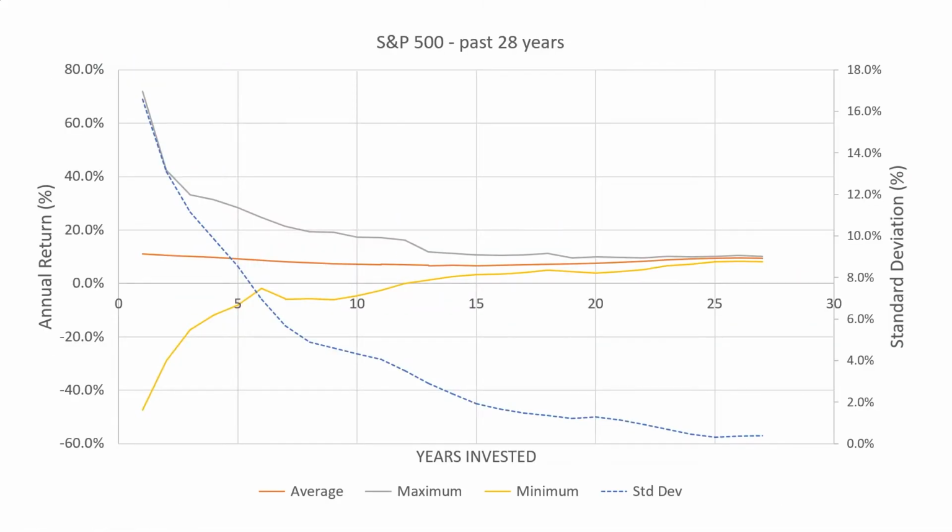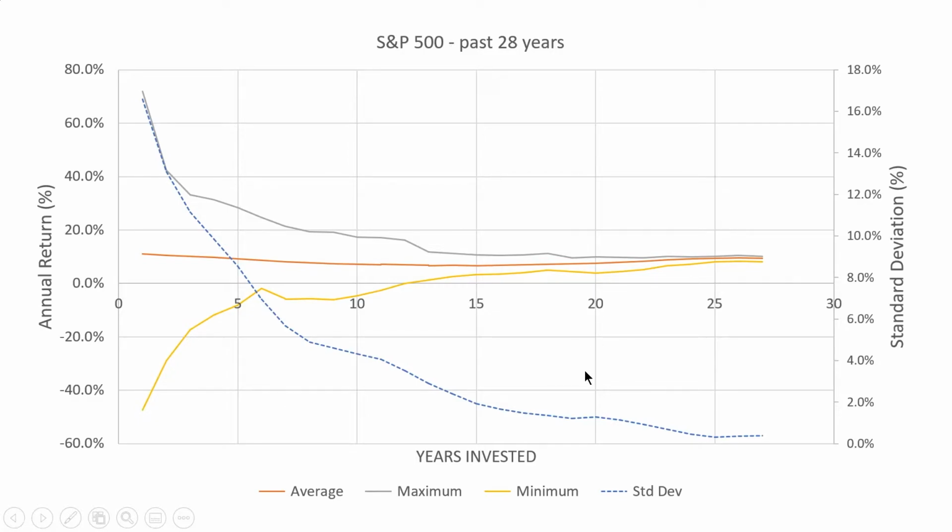But let's go back to this one. The longer you stay invested in the Standard & Poor's, this range becomes narrower and narrower towards the mean. And if you stay invested for 20 years, you see that even the worst 20-year period and the best 20-year period are not dramatically higher or lower than the average.